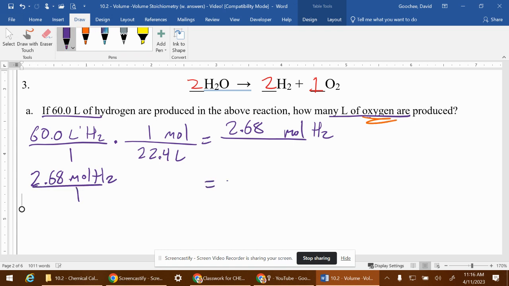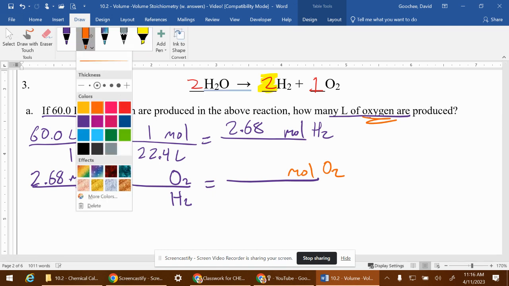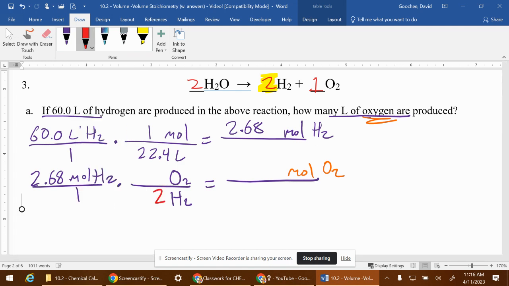So we've got to go from moles of hydrogen to moles of oxygen, out of hydrogen into oxygen. And for that, we look to the balanced equation. All right. 2 hydrogens are produced for every 1 oxygen produced. So it's 1 over 2.